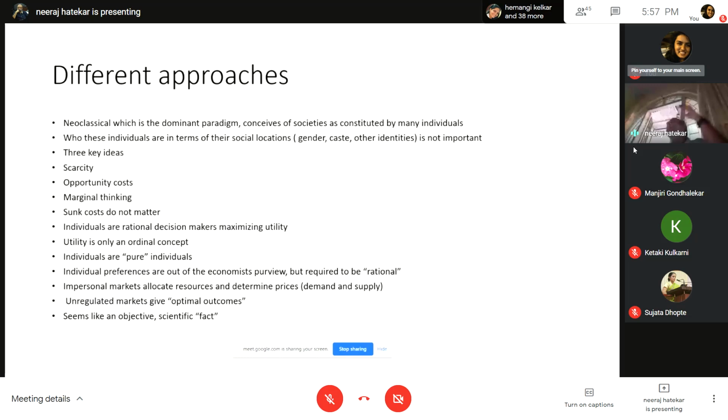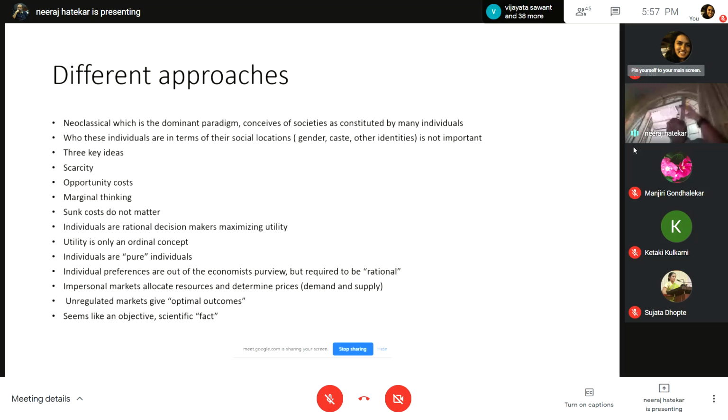Therefore there is a certain sanctity to this mechanism, and tampering with it creates market distortions. So you should let that mechanism be, and it leads to the optimal benefit of society, which is many times referred to as Pareto optimality or Pareto efficiency.